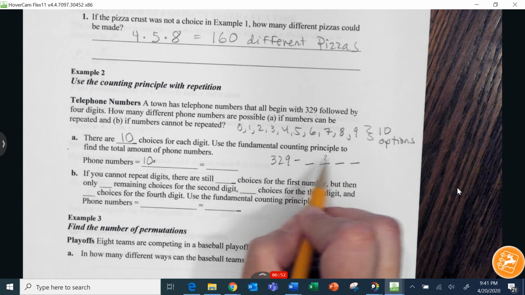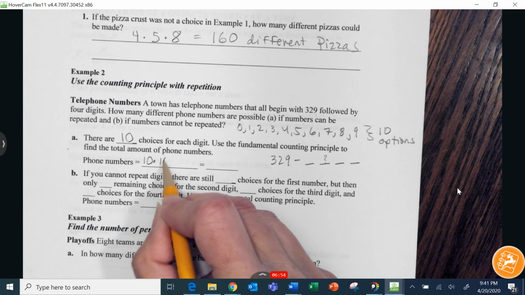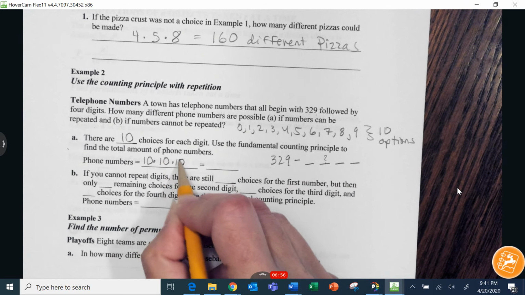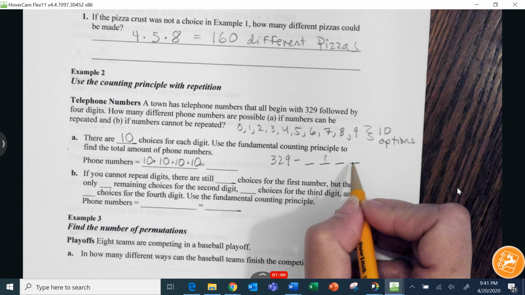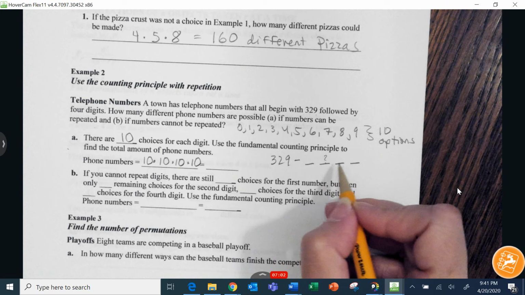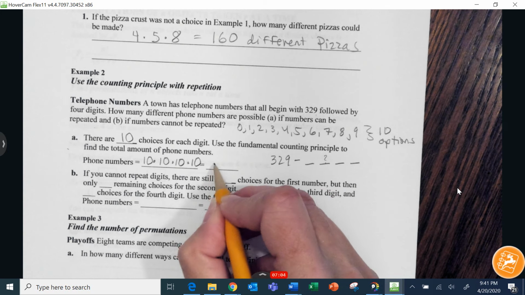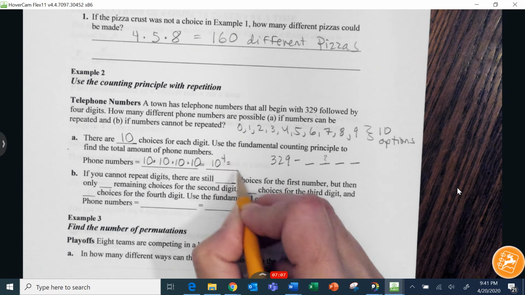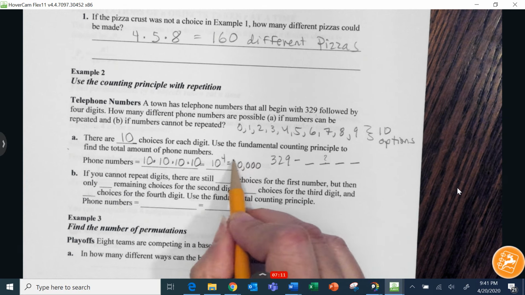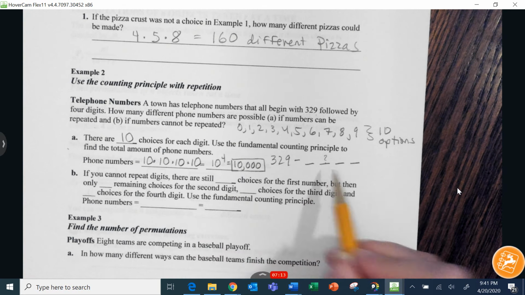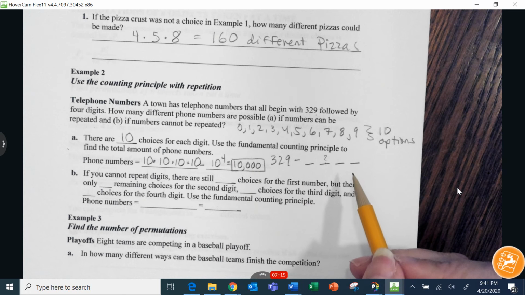Well, since the numbers can be repeated, we still have 10. In the third place, we will have 10 digits. And then in the fourth place, we also have 10 digits that can go in there, because this number could be 5555. I could simplify that. That would be 10 to the fourth, which gives me 10,000. So 10,000 different phone numbers could come from 329 in any digits.